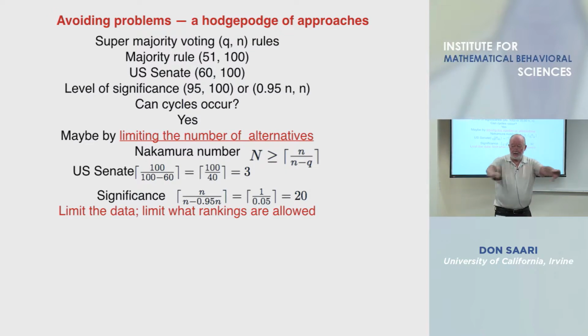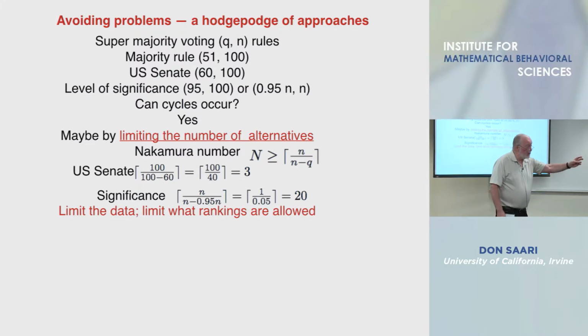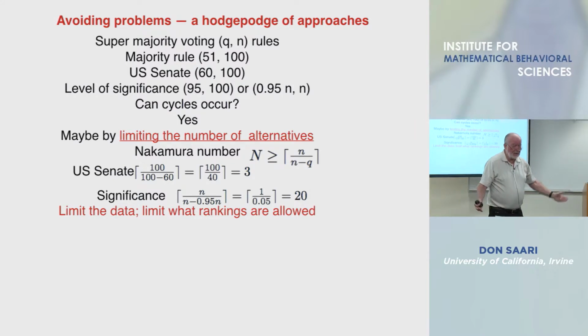Look, if everybody in here says A is better than B is better than C, unanimity, we don't have to worry too much about a cycle. Well, how far away from unanimity can I go so that I will have no cycles in paired comparisons? That's forcing transitivity.